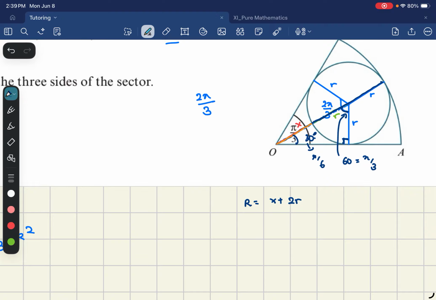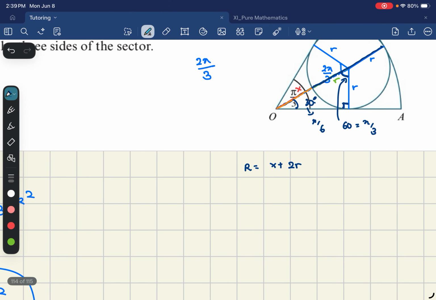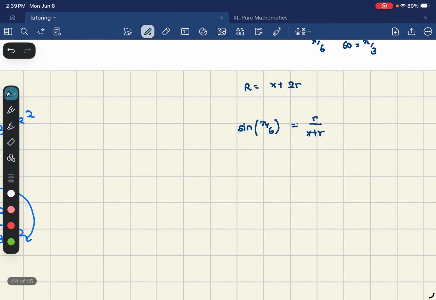All right. So now, let's see. If I do sine 30 degrees, sine of pi by 6, if I take sine of this angle, opposite is r, my hypotenuse is x plus r. Right? And so, I can write x in terms of r.